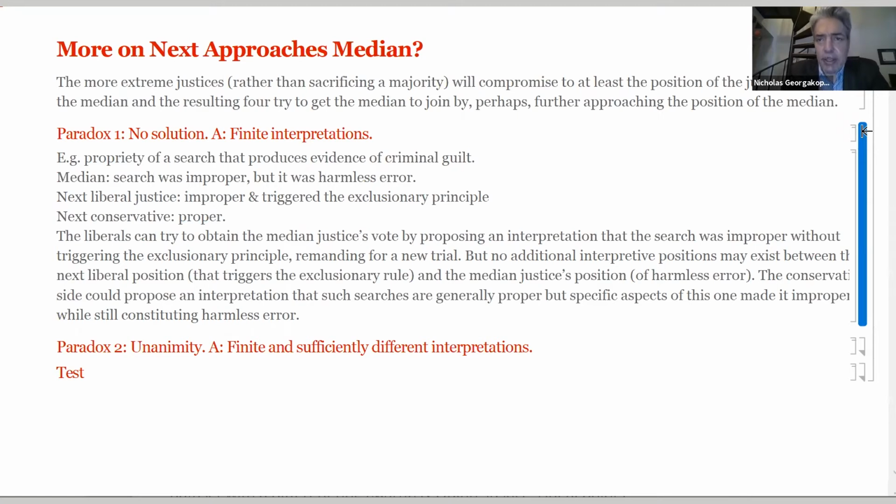So in criminal law, there are some searches that are considered improper because they violate our privacy, essentially, in some sense. And if they're sufficiently improper, then they trigger an exclusionary rule.